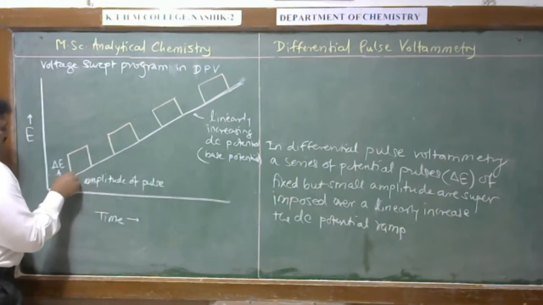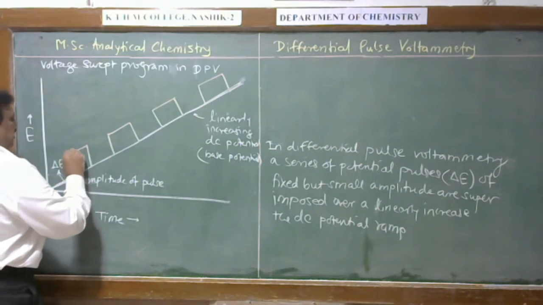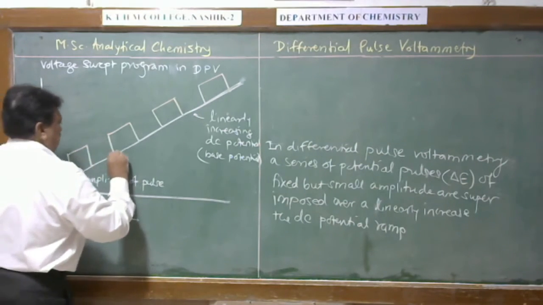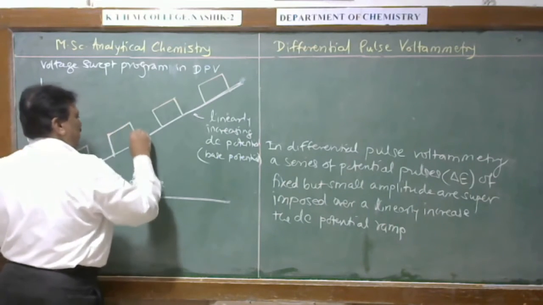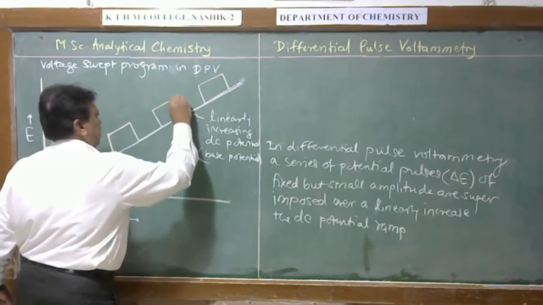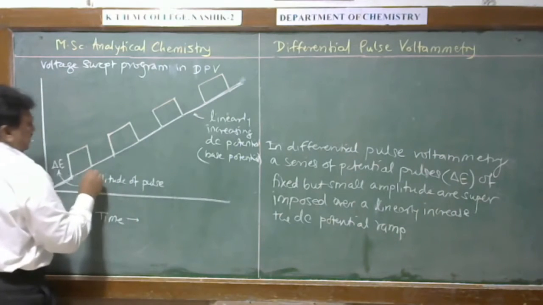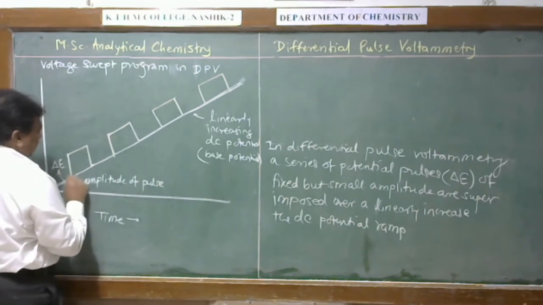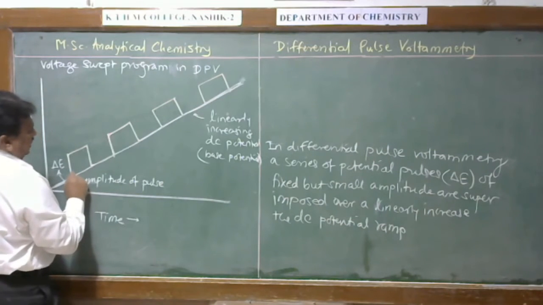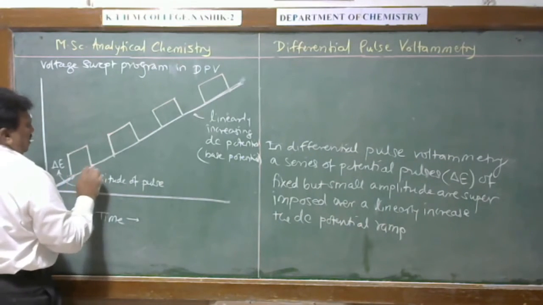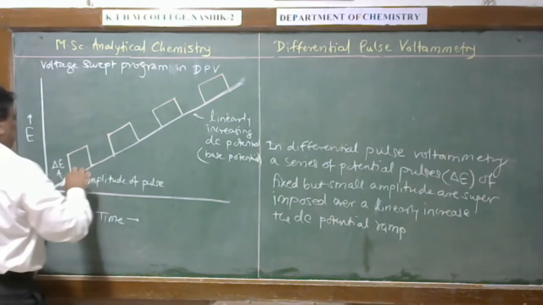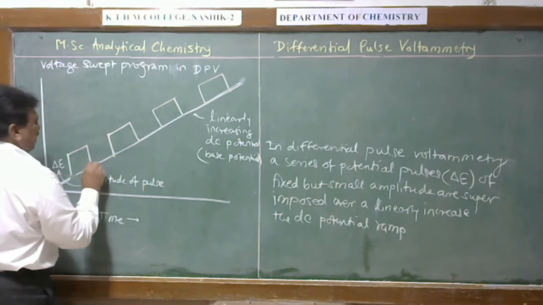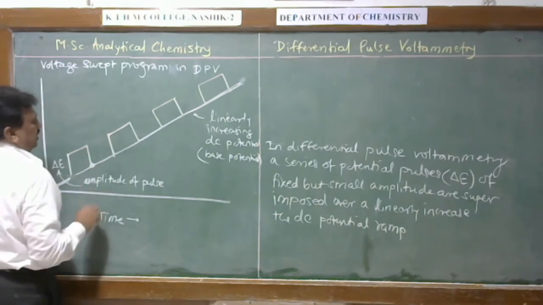Over this base potential, this pulse is superimposed in this way, and here we have a current voltage program like this. In this case, this is a point where drop is generated, and this is a point at which drop is given into the solution.